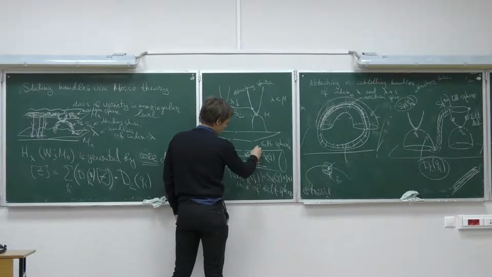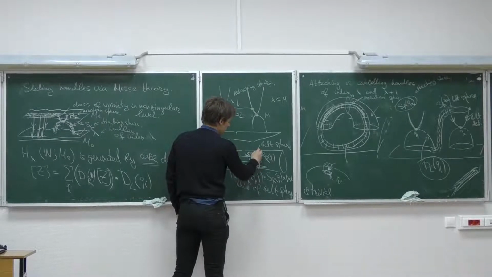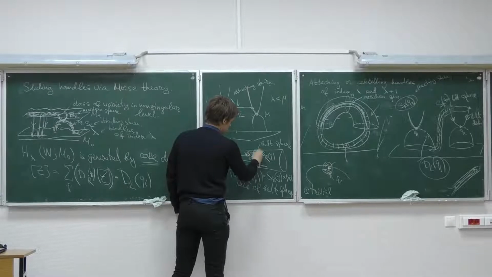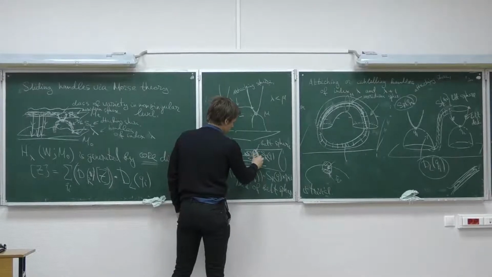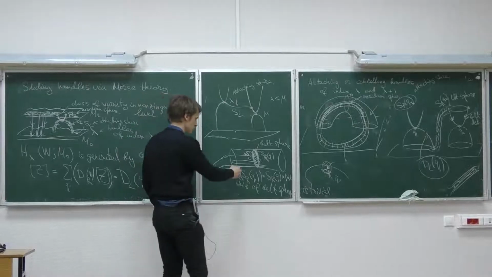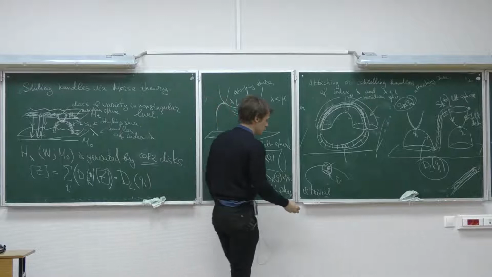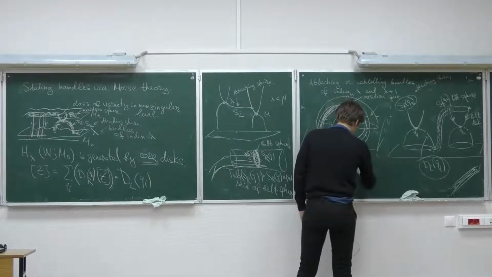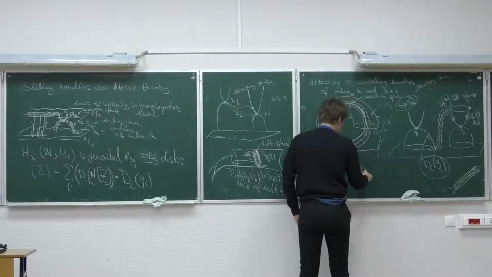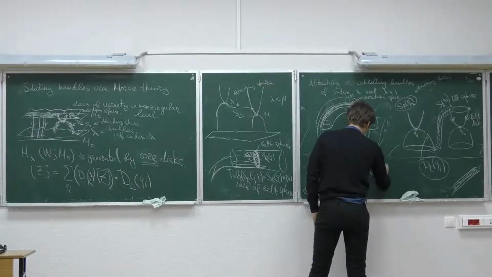But when you cut out this belt sphere, so if you cut out the belt disc, the corresponding complementary disc becomes the disc without a point.